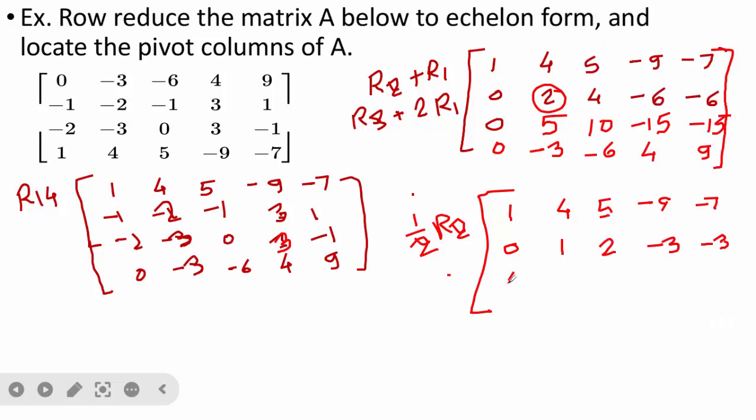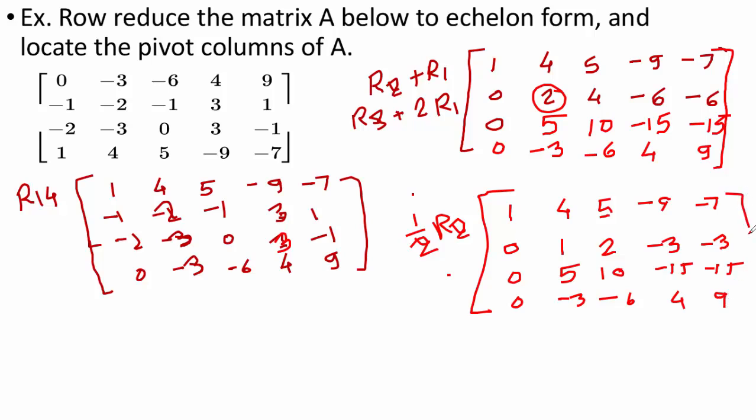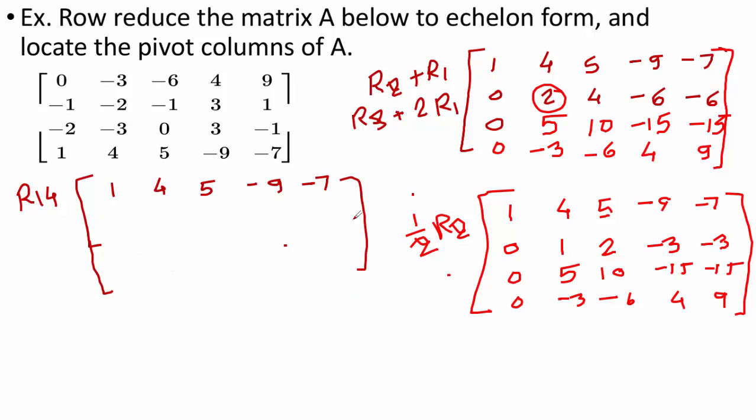And the third row will remain as it is. The fourth row will also remain as it is. Now what's next? Next we have to make these two elements 0 by using this one.